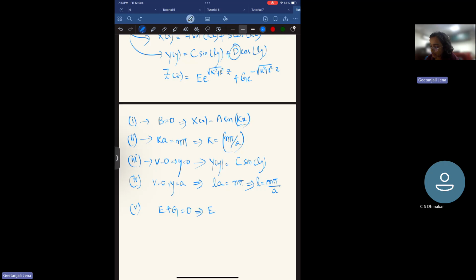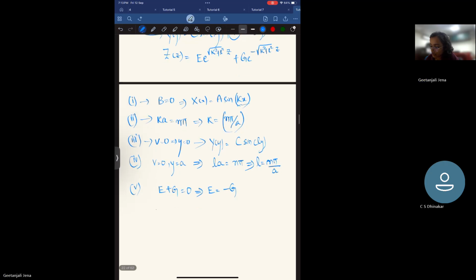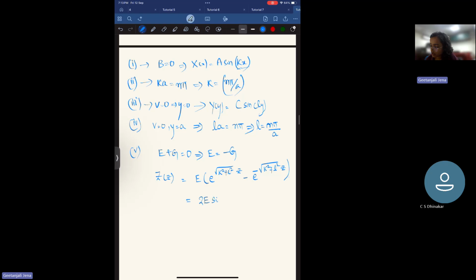So that means E is minus G. So Z is e to the power square root of k square plus l square times z, minus e to the power minus square root of k square plus l square times z, which is nothing but 2 times A sinh of pi z by a times the square root of n square plus m square.